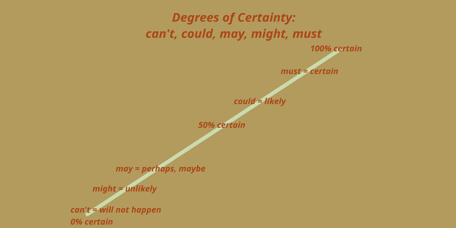Might, unlikely, maybe there's a chance. May, perhaps, has a stronger chance than might, but less of a chance than could. So it really falls below that 50% area. All right, so again, looking at this cline tells us the degree of certainty of the various modals.